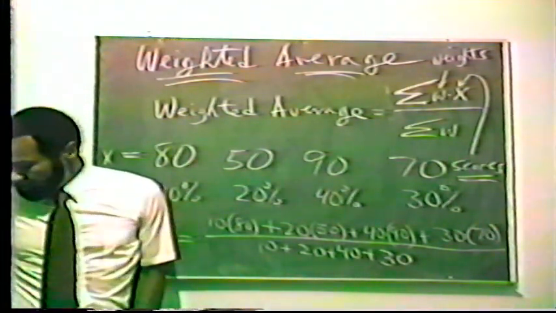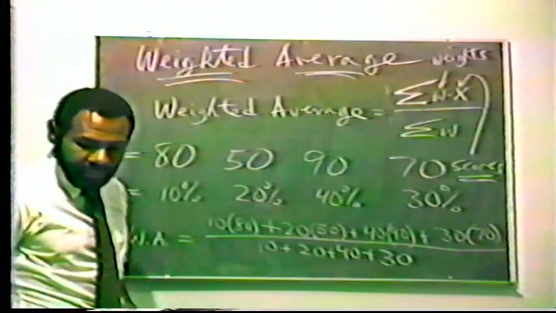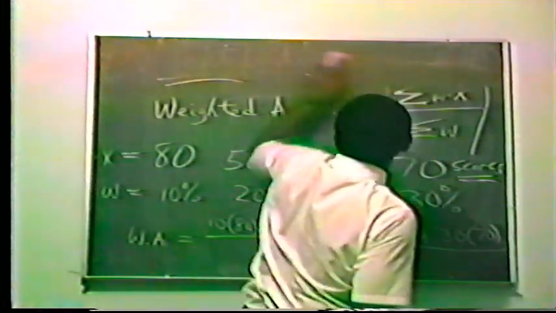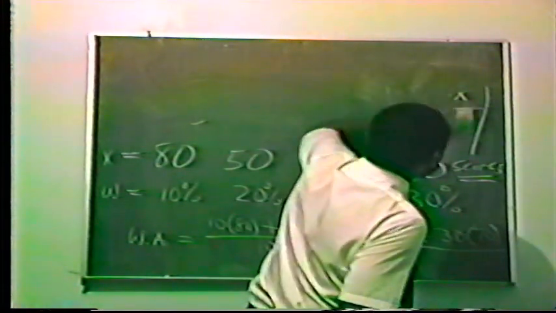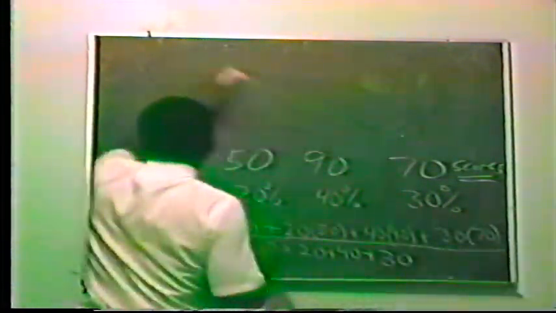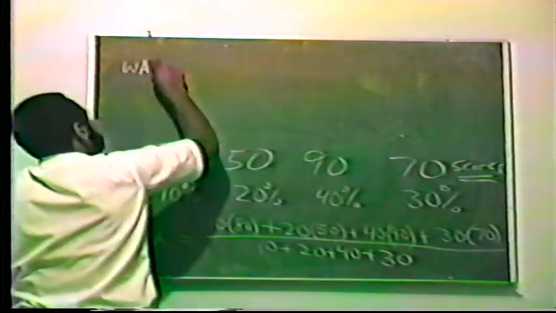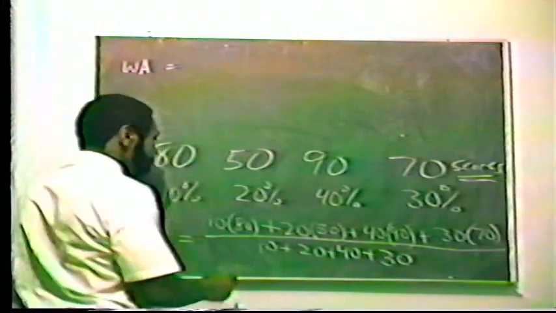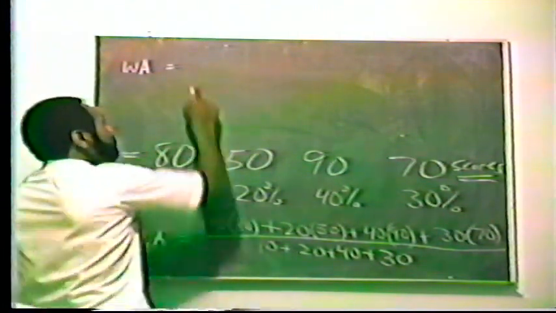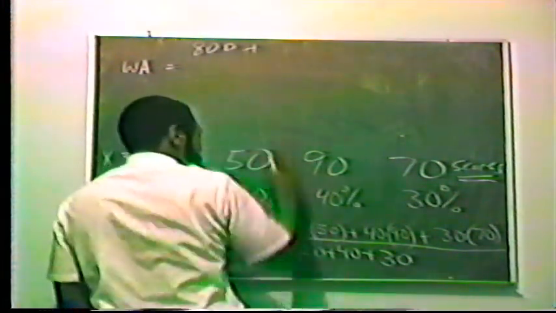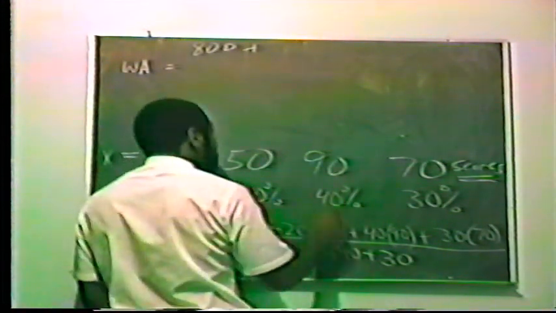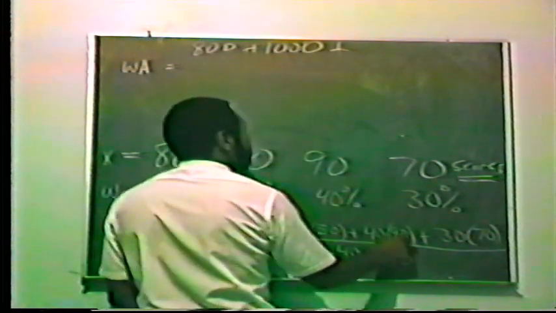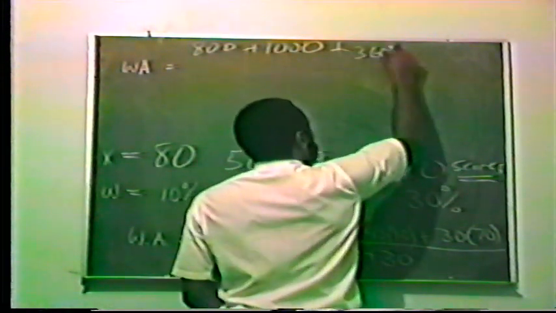Now, we take out the calculator and do these computations. We find that the weighted average, or weighted mean, equals: we multiply 10 times 80, we get 800. We multiply 20 times 50, we get 1,000. We multiply 40 times 90, we get 3,600.